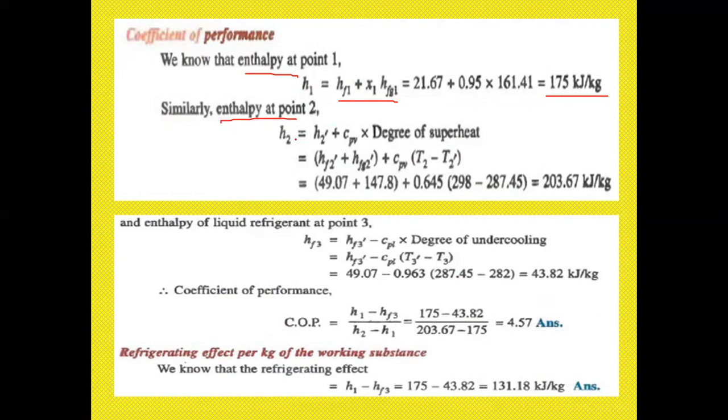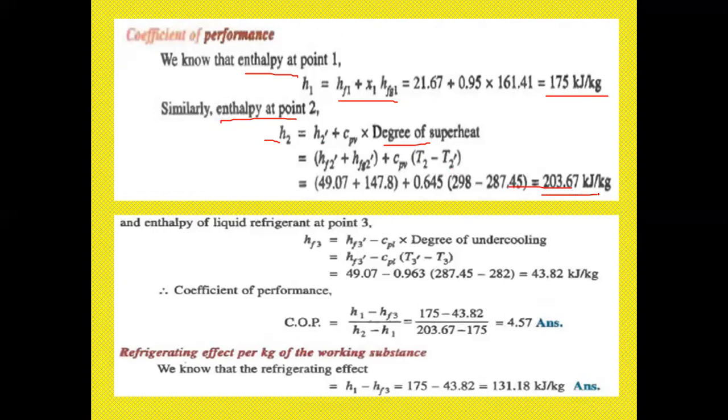Similarly, at point 2, H2 is equal to H2 dash plus Cp into the degree of superheat, that is HF2 dash plus HFG2 dash plus Cp into T2 minus T2 dash. So directly we get the answer this way.